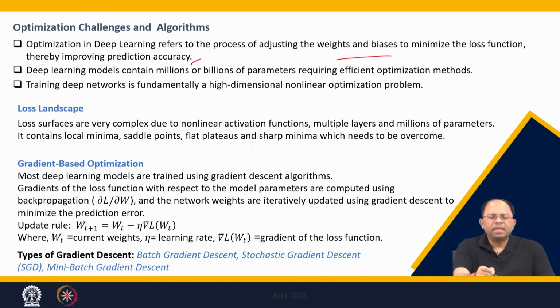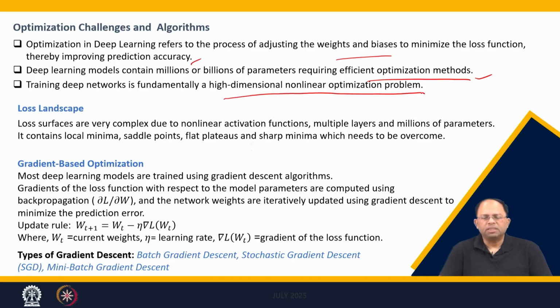Because there are millions and billions of parameters which need to be adjusted, we require efficient optimization methods, otherwise the processing time would be too large, right? So training deep networks is fundamentally a high dimensional nonlinear optimization problem.